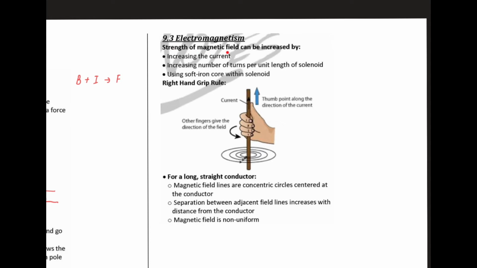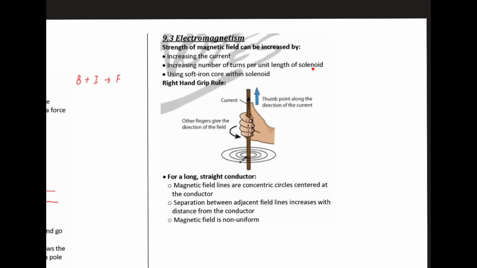The strength of magnetic field can be increased by increasing the current. So this should be logic. Imagine that if the conductor is carrying a greater current, then the electromagnet should be stronger. Okay, next point. Increasing the number of turns per unit length of solenoid.